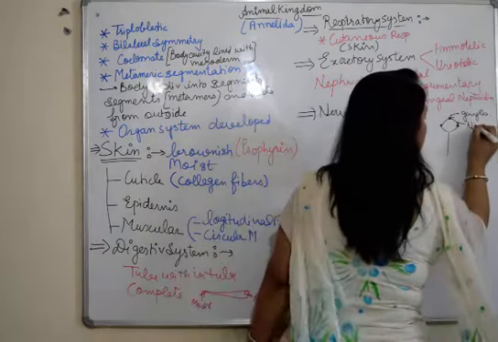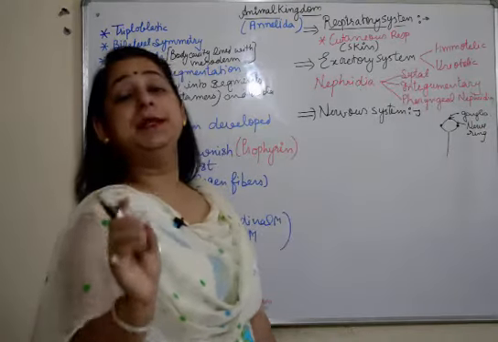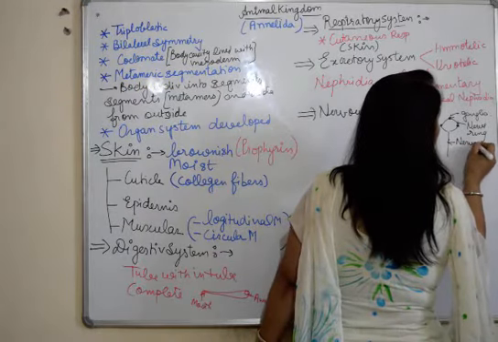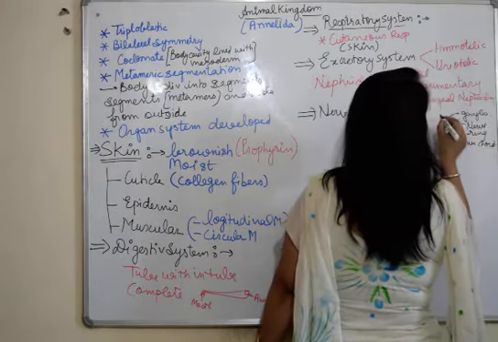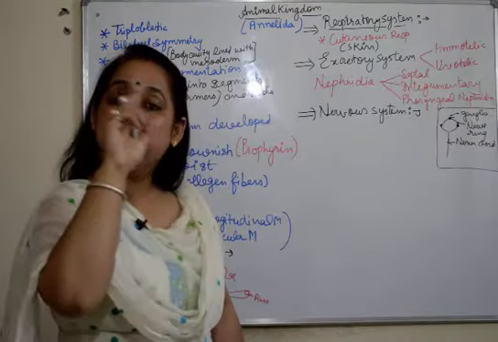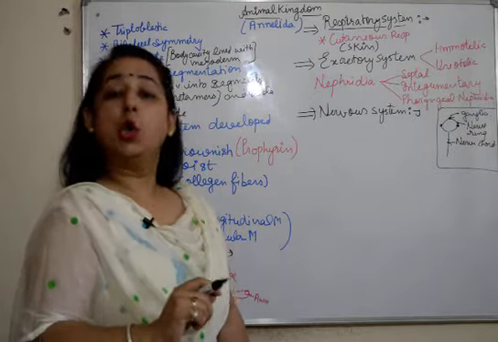So this is known as the circumpharyngeal nerve ring, which leads into a nerve cord. This is the type of nervous system it has.